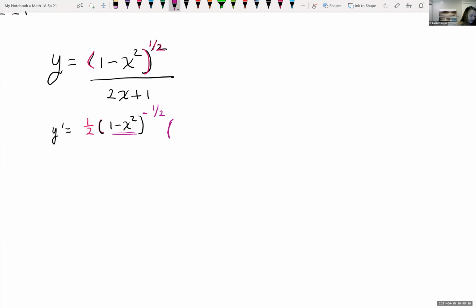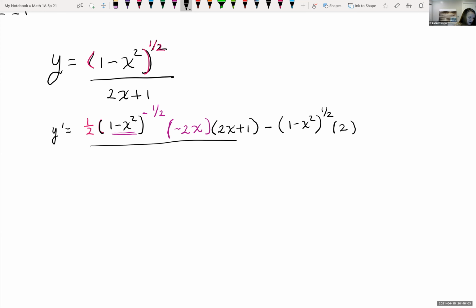Derivative of 1 minus x squared is -2x, times the denominator, 2x plus 1, minus our numerator, 1 minus x squared raised to the 1/2, times the derivative of the denominator. So that would just give me 2, all over this denominator quantity squared.